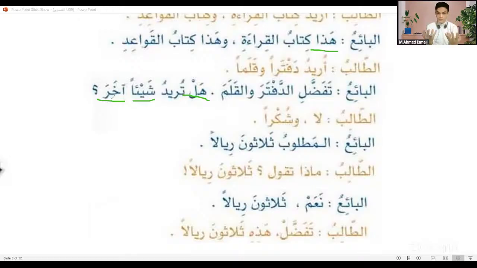المطلوب means like this is the cost, or what I want. Do you remember the word طالب, which means someone who orders something? So مطلوب is the thing that you order. The طالب is the person who orders the thing, and the مطلوب is the thing that is ordered. For example, if I say اكتب الواجب, who is the طالب here? It's me, I order something from you.